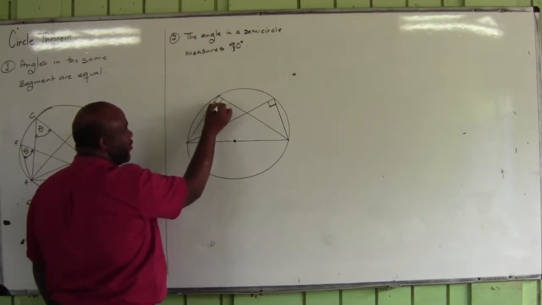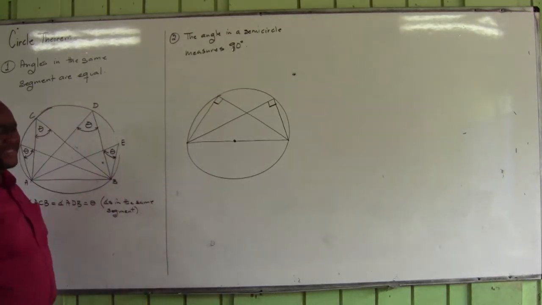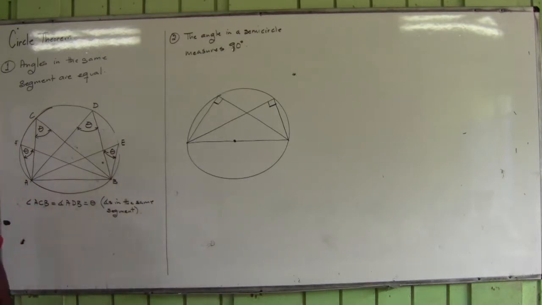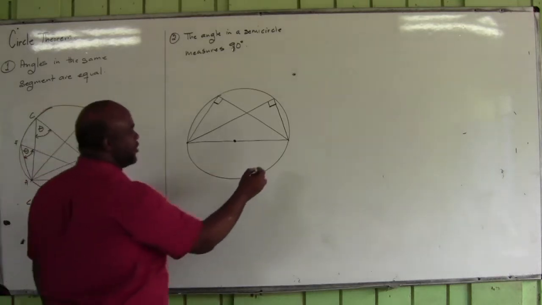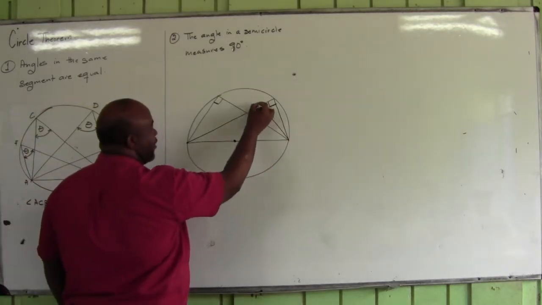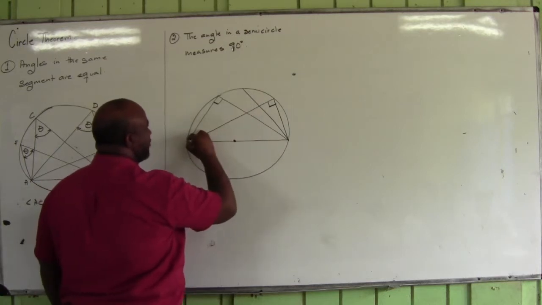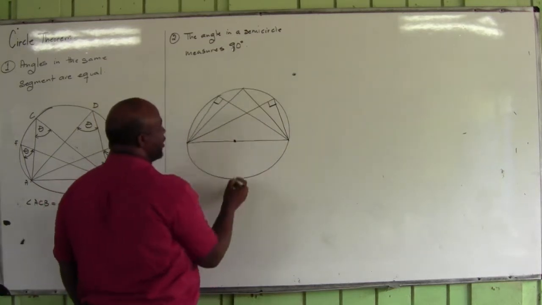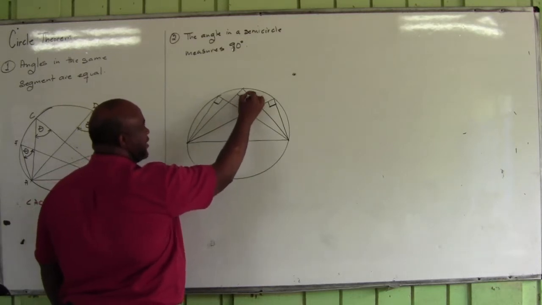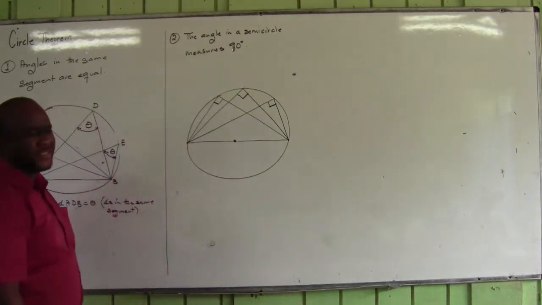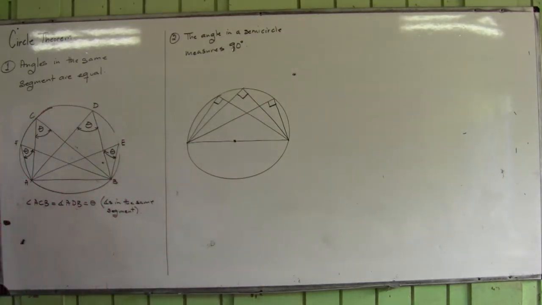This angle here must be equal to 90 degrees. It is called angle in a semicircle. Angles in a semicircle are equal to 90 degrees. Let's put in another one. One end of the diameter up to the circumference, down to the other end of the diameter. This angle here must be equal to 90 degrees. It is called angle in a semicircle.